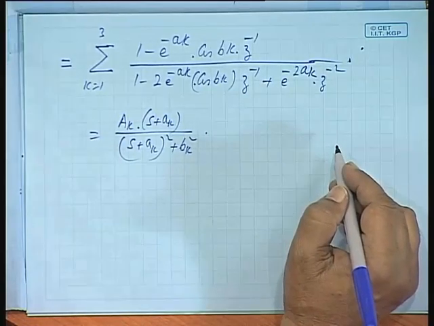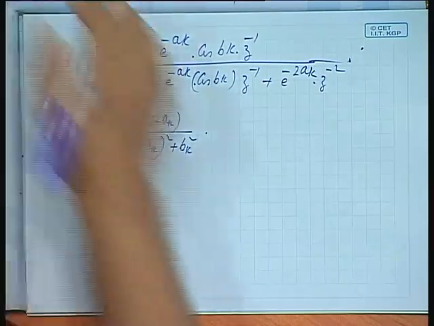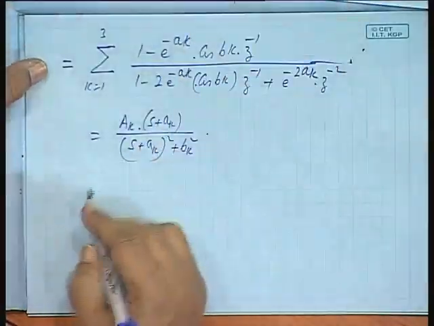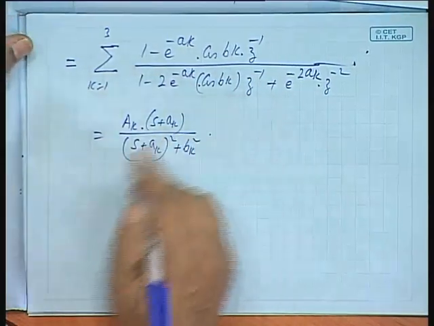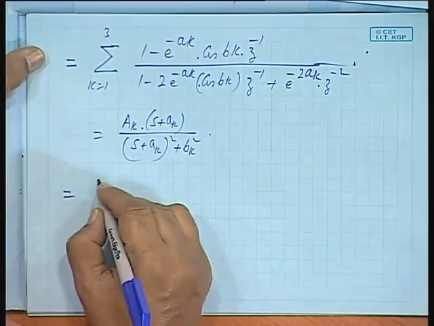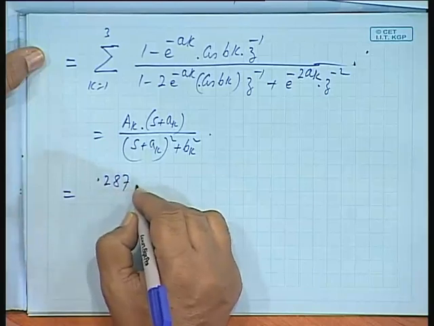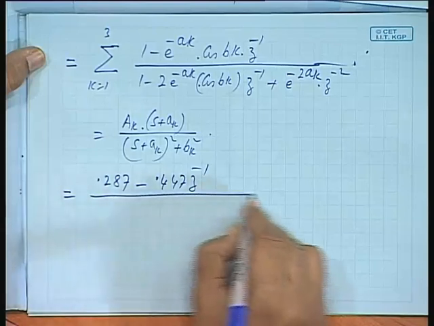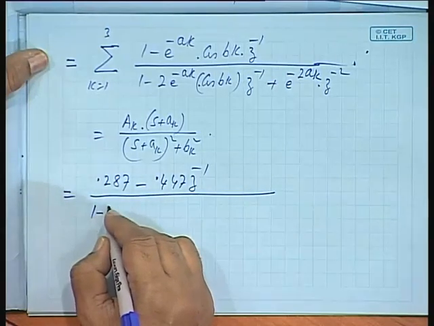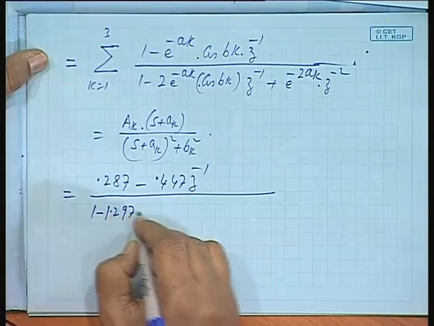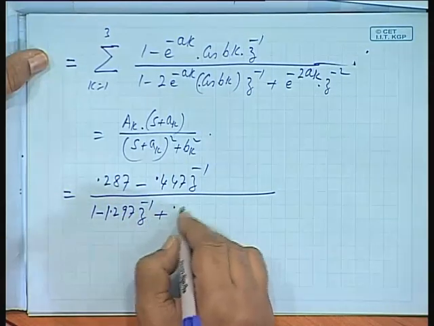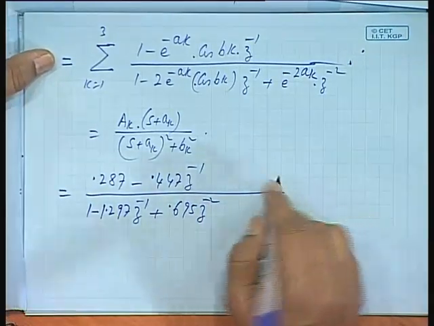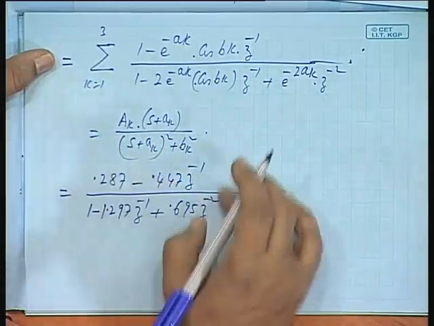So, in this particular example, we have already got these 3 factors. So, after doing this kind of partial fraction and simplification, it reduces to 0.287 minus 0.447 z inverse divided by 1 minus 1.297 z inverse plus 0.695 z to the power minus 2 plus 3 such similar terms.